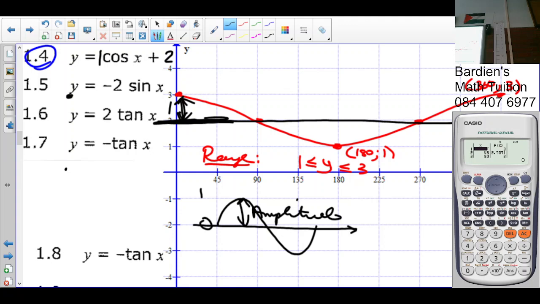It's going to be 2. You'll see now when I draw the graph. What's the period of that graph? For this one, it's 360.